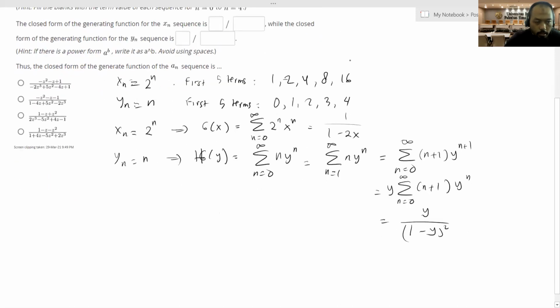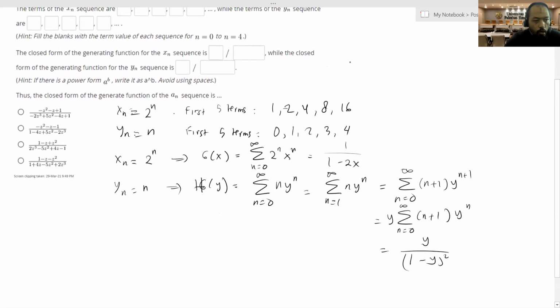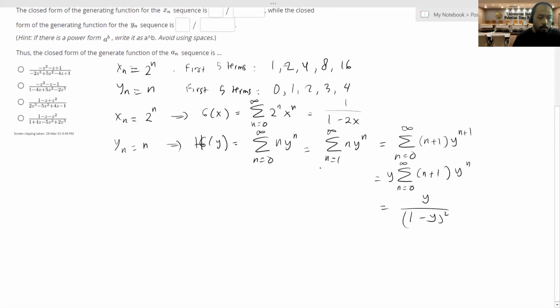So that's the generating function for y_n.